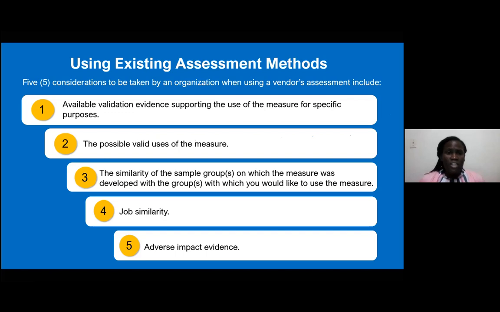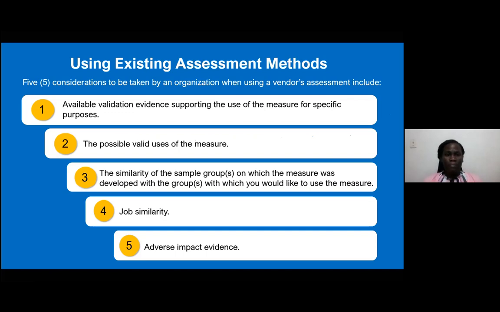The third consideration is the similarity of the sample group on which the measure was developed with the group or groups with which you would like to use the measure. So what this means is that when you're purchasing an assessment tool, you will need to ask yourself, as the HR practitioner or as the user of this system, if the sample used in the tool that you're interested in purchasing for your organization is relevant or represents your sample in your organization.